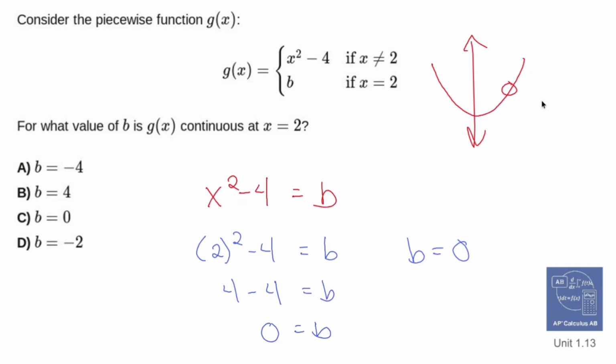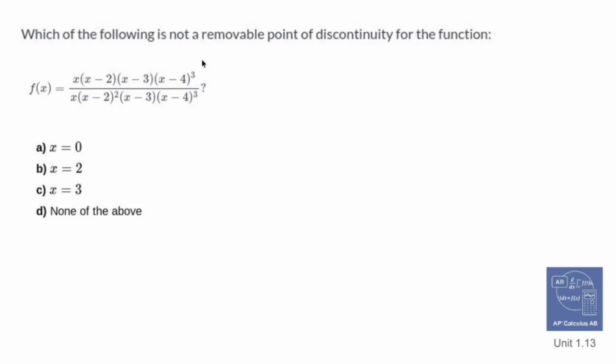So if b is 0, that fills in that guy right there, everything is good. The answer is C.